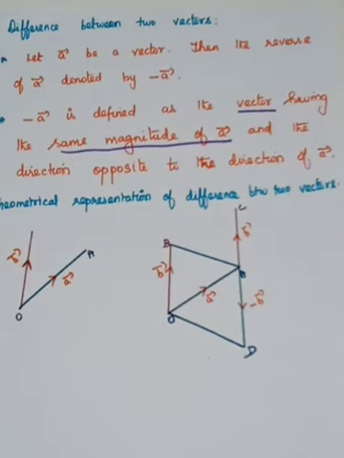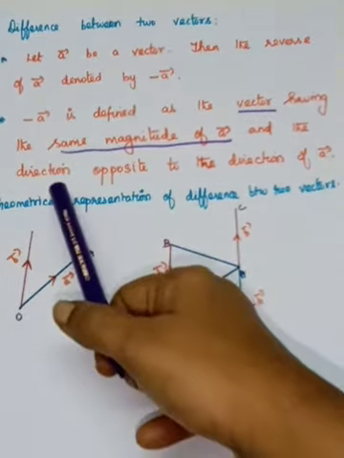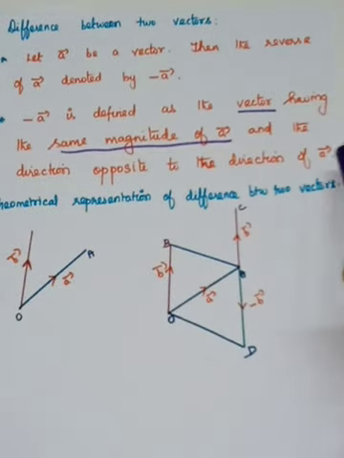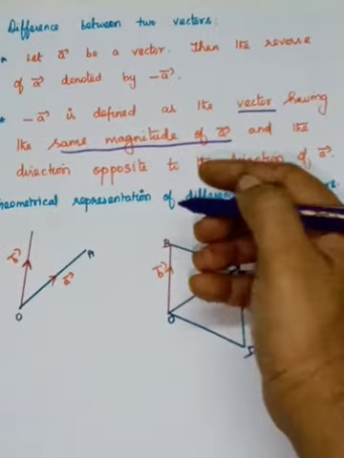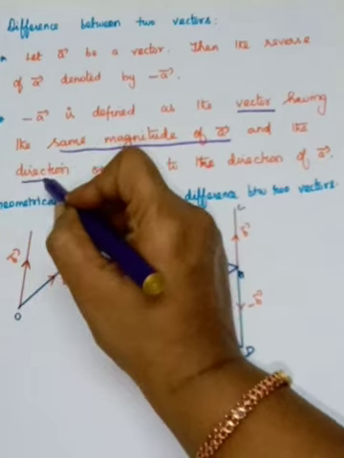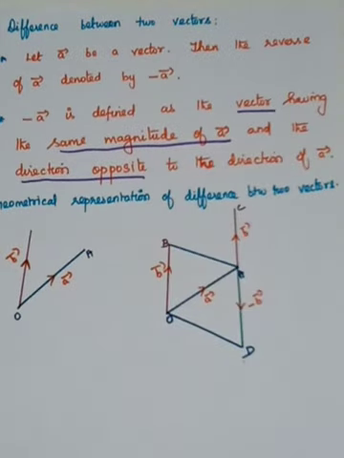But the direction is opposite to the direction of A vector. If A vector is moving up, minus A vector is moving down. That is the negative of a vector.